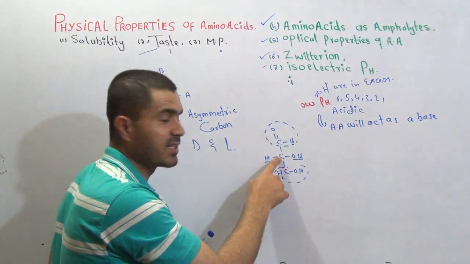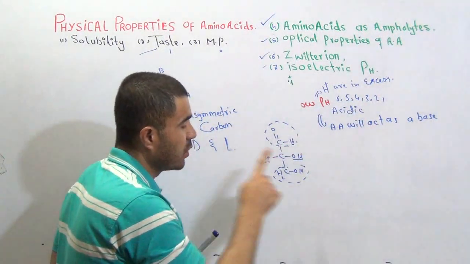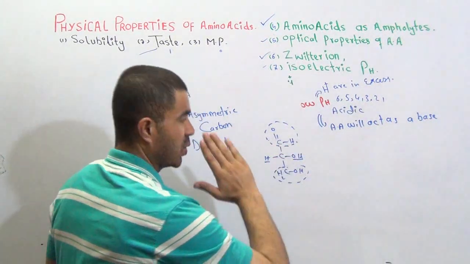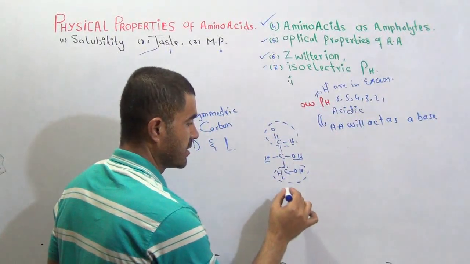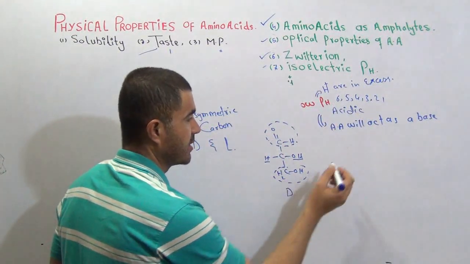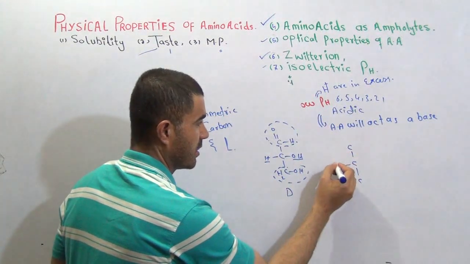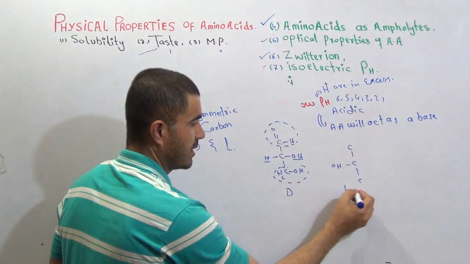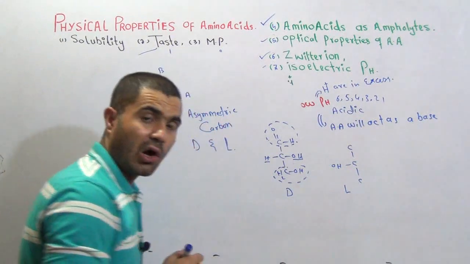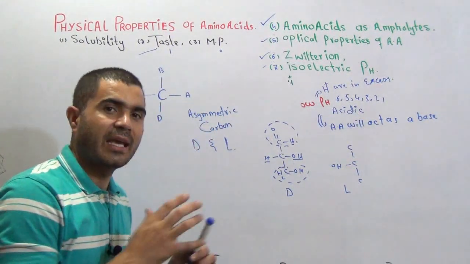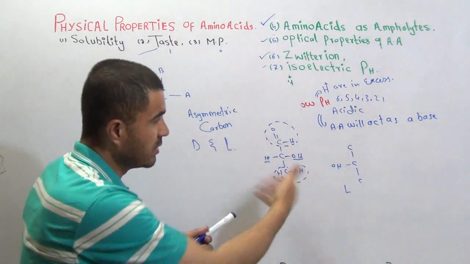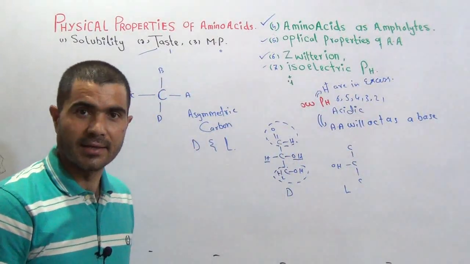If the OH is on the right side, it will be called D-glyceraldehyde, and if the OH is on the left side, it will be called L-glyceraldehyde. All other compounds can also be named according to this glyceraldehyde.